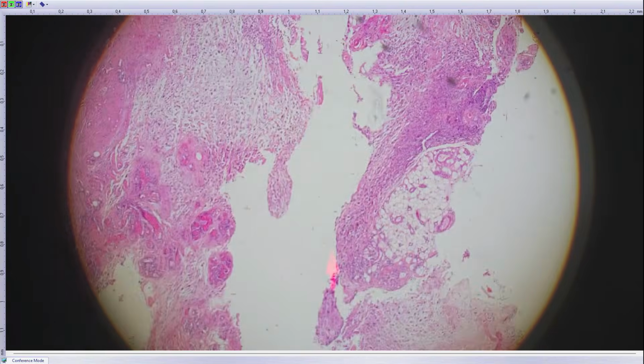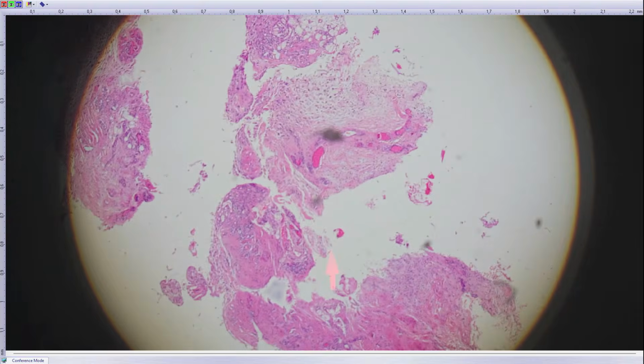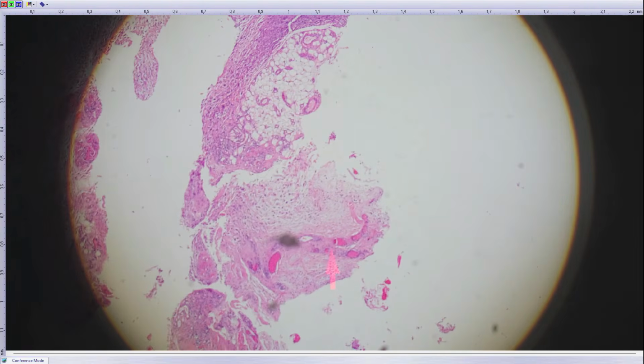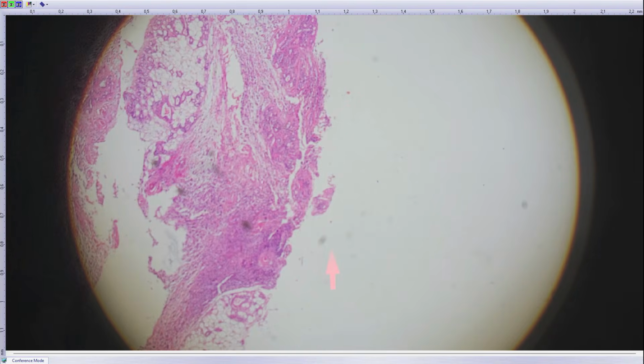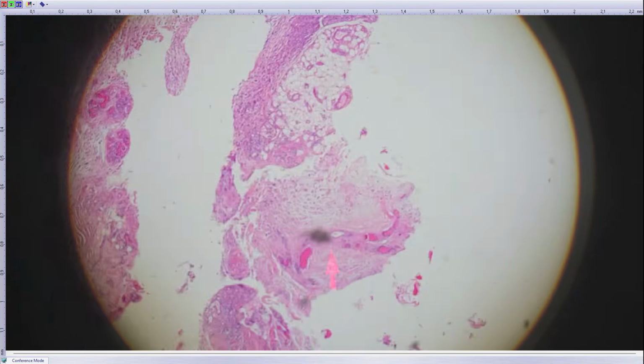And I think this is actually the same thing, just a small sample. I just didn't have the information about any decubital changes. So I just described it and asked for clinical correlation.